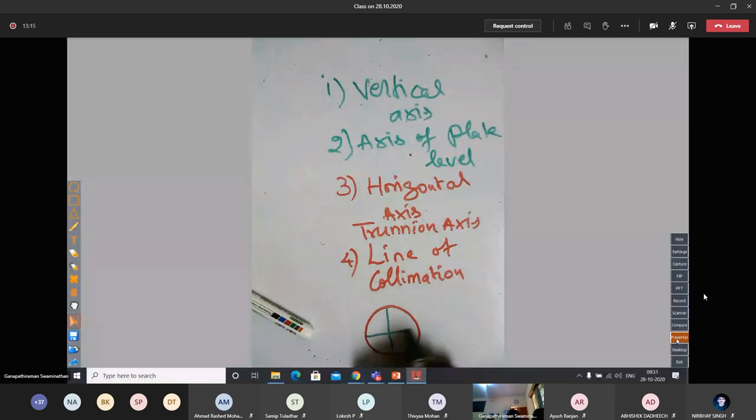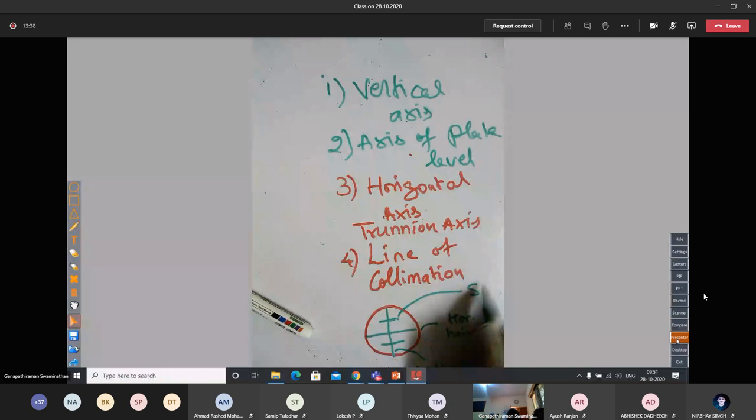In addition, you will have what are called stadia hairs. This is what is called the horizontal hair. This is what is called the vertical hair. These two are called stadia hairs.